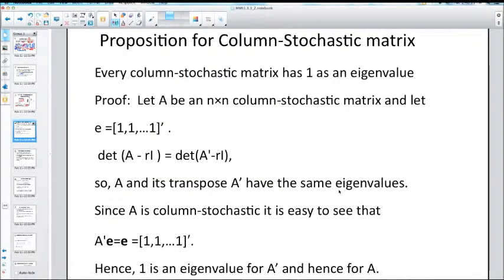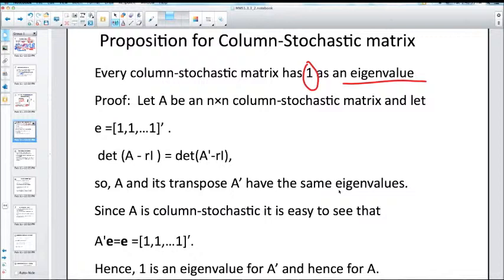And then next, I want to show you that it doesn't matter what kind of graph structure you have for your internet, you always have 1 as an eigenvalue. How do we prove this? It's pretty simple.